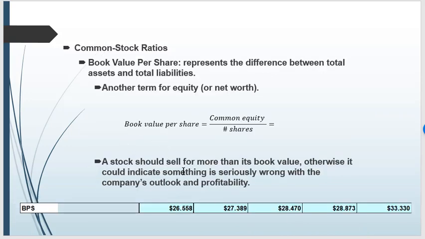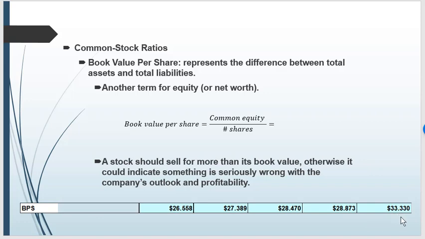If we look at another ratio, it's called the book value per share. We've defined what book value is, but essentially it's the common equity divided by the shares. Now this is a historical number, right? It's looking at the past because accounting statements are all made in historical context. But it turns out here again it's fairly stable.